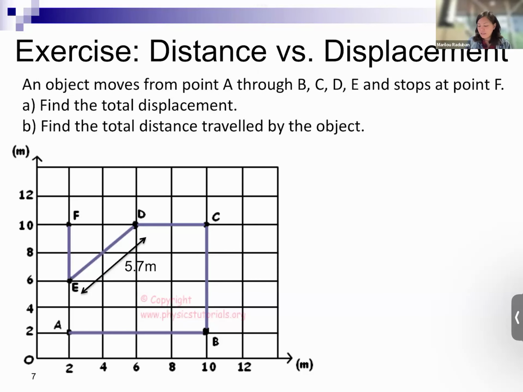I'll give you a couple of minutes to at least read the question and try and figure out the total displacement and the total distance traveled by the object that starts from point A. So point A is the starting point, and the line, the purple or blue line here, shows the path the object took in arriving at its final destination at point F.